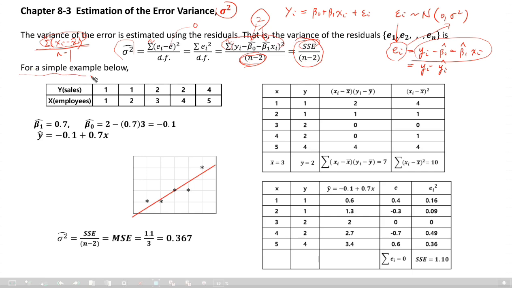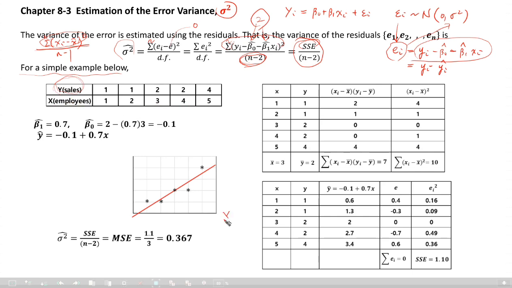Okay, for a simple example, let's see. Employee X, sales, amount of sales Y. We would like to analyze the amount of sales. We would like to explain the amount of sales with the number of employees. So X and Y. It is a very simple example data. The number of employees is 1, 2, 3, 4, 5.